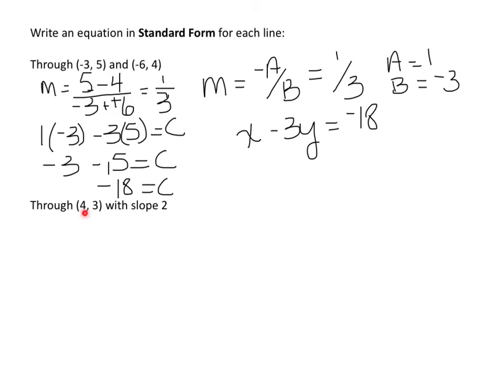The next one, I have a point and a slope, so I can start with point-slope form. I would say y minus 3 is equal to 2 times x minus 4. Now all I have to do is distribute that 2 and rearrange. I'll subtract 2 from both sides.